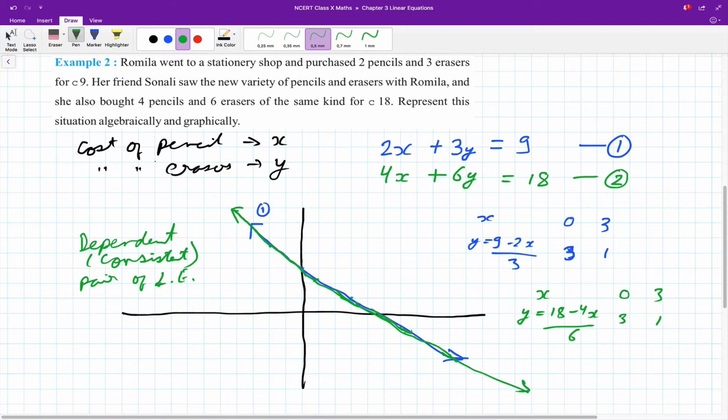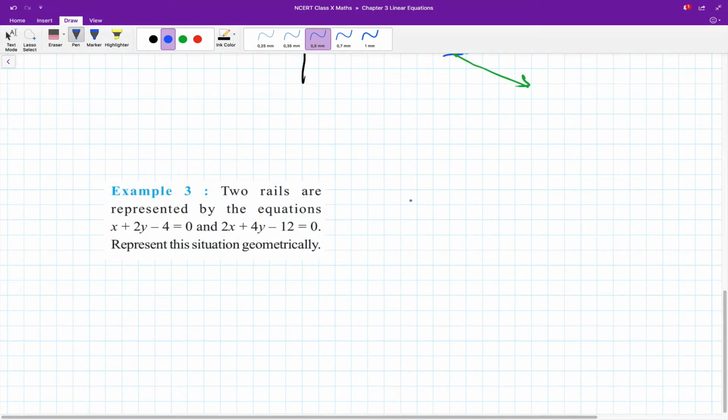Okay, let us have a look at another example. So we have two rails or two railway lines. One of the railway lines is represented by the equation x plus 2y minus 4 is equal to 0. This is equation 1.